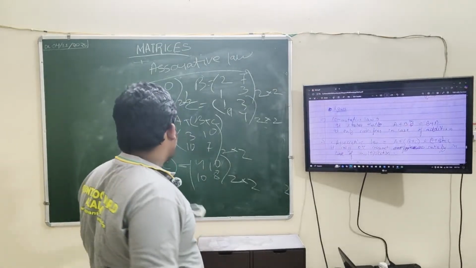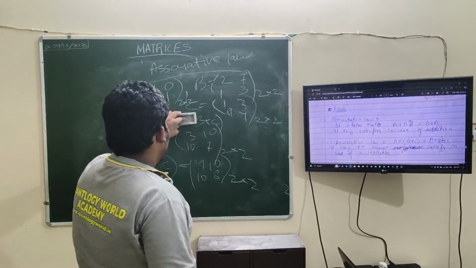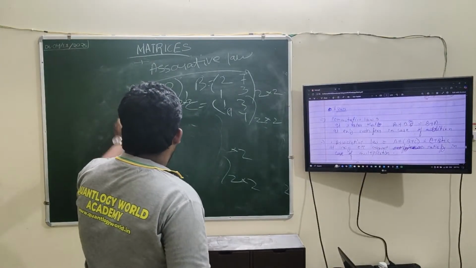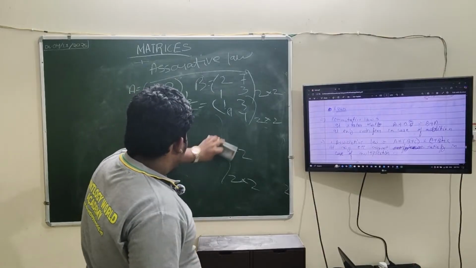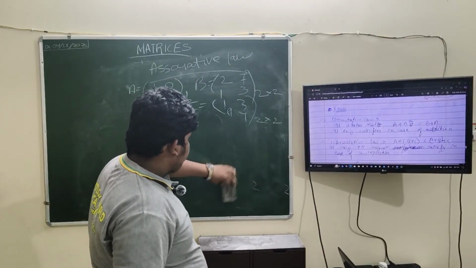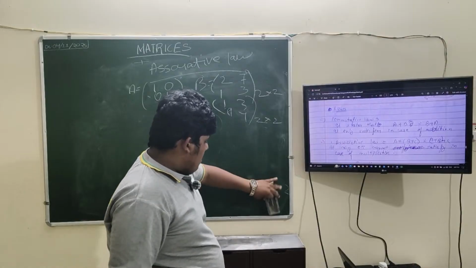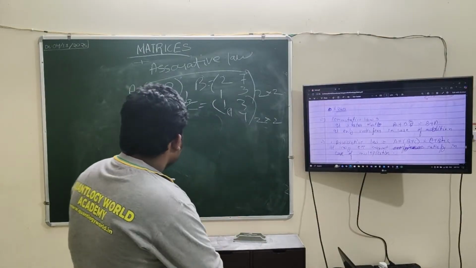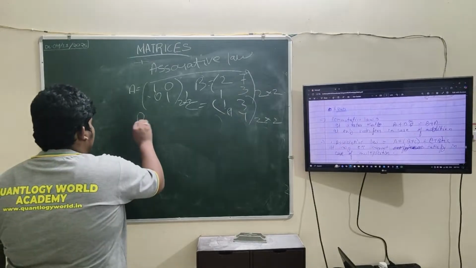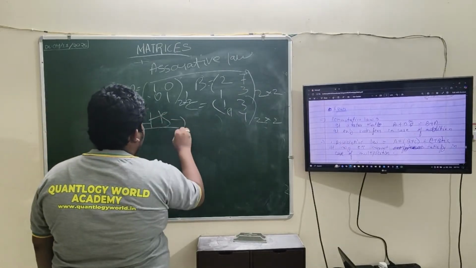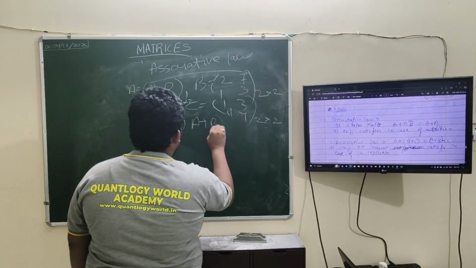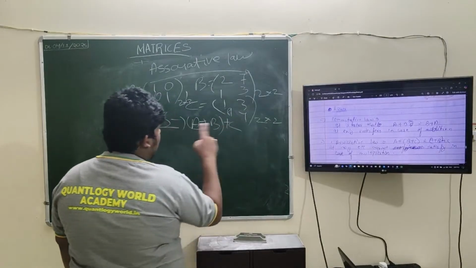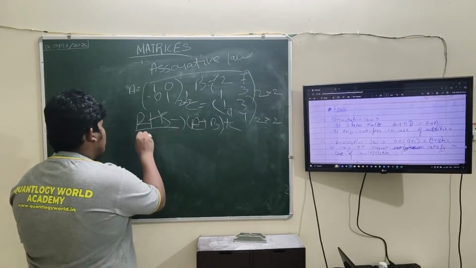Then we will solve the RHS part. RHS part says that A plus B in bracket plus C. So first we will solve the A plus B part.